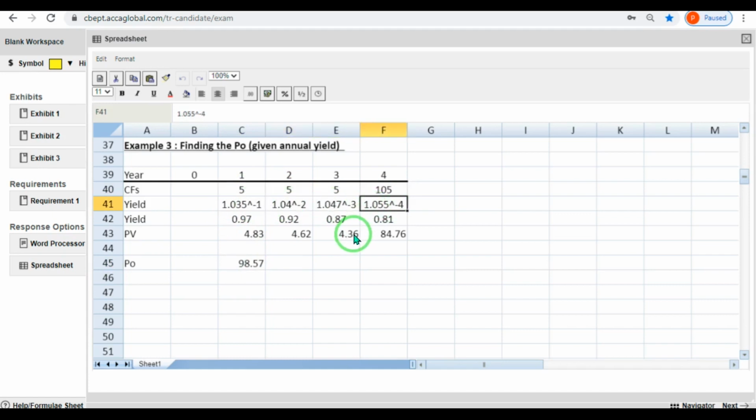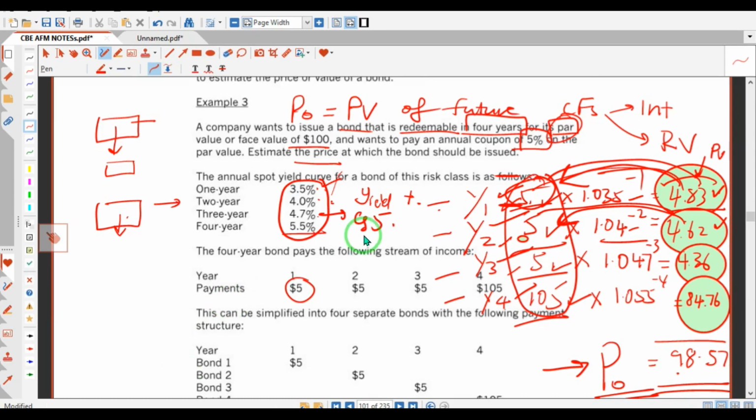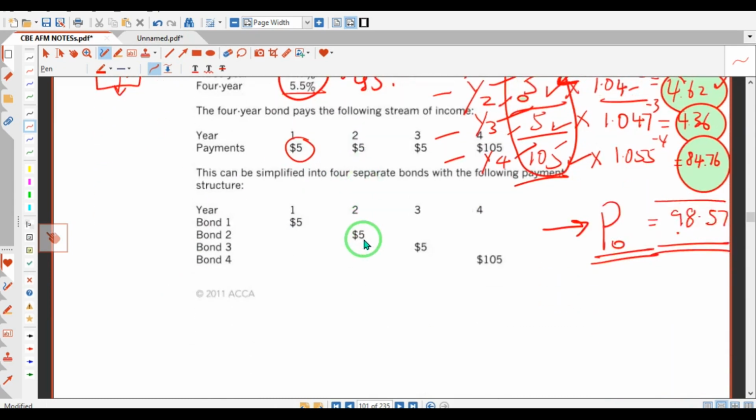This is the annual yield for the company risk that the investors will ask for. Each year's cash flow, they're going to ask 3.5% based on the government yield plus the company spread. I want you to refer back to example 5 later on to get that, how do you get the 3.5%, how do you get this, how do you get this, and how do you get this. So this is going to be example number 3, computation.